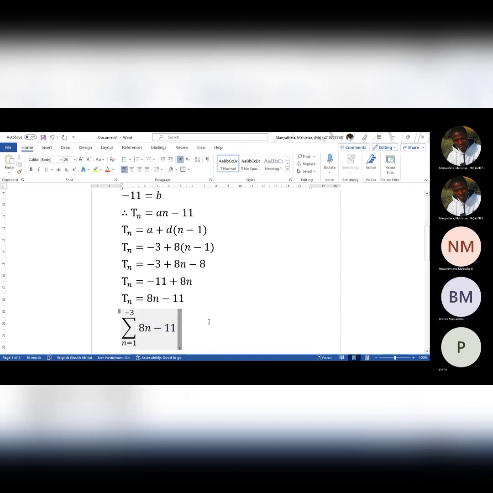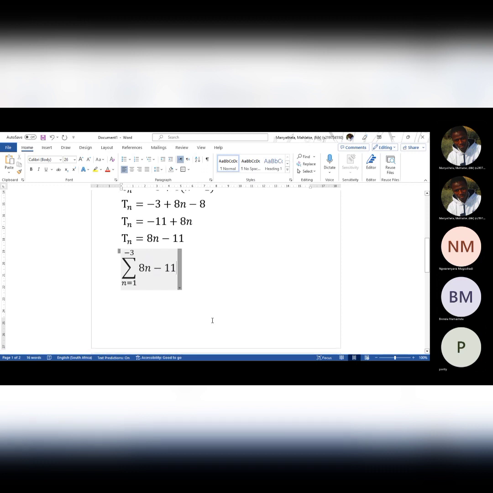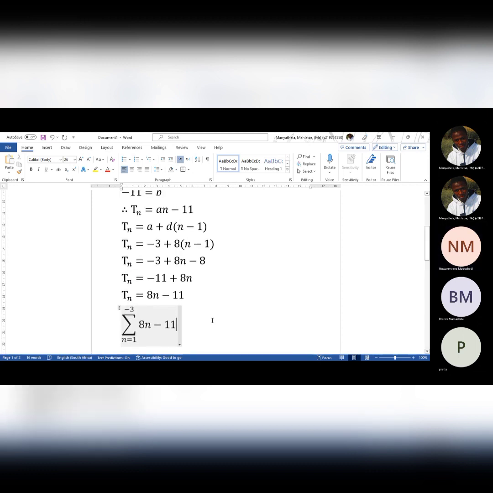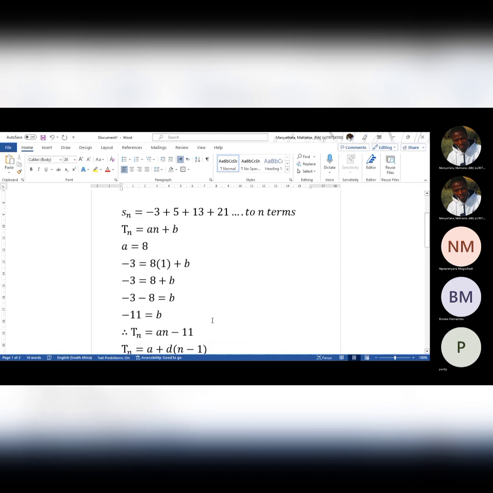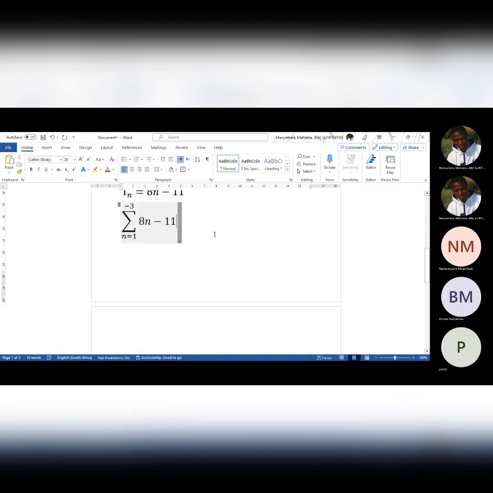So the way you must write it in sigma notation, basically you write this thing and then take your formula and put it in, and then you are finished and collect your 2 marks.